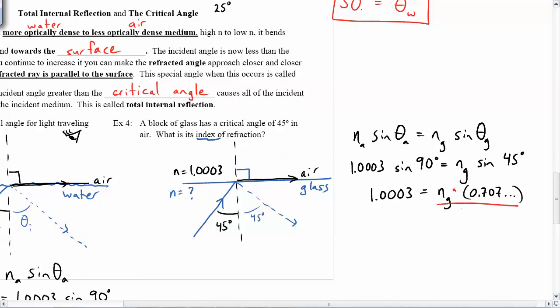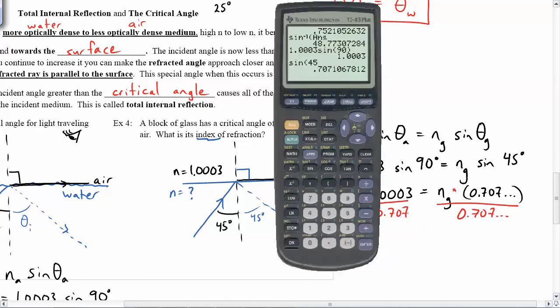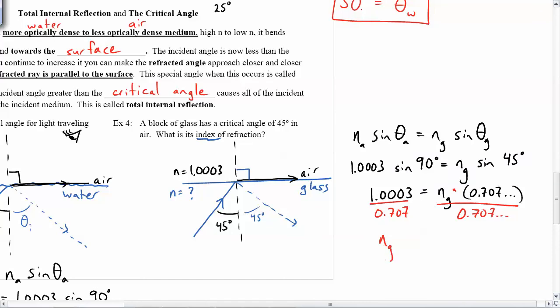We're going to divide both sides of the equation by 0.707. 1.0003 divided by all those decimals gives 1.4. The index of refraction in the glass is 1.4.